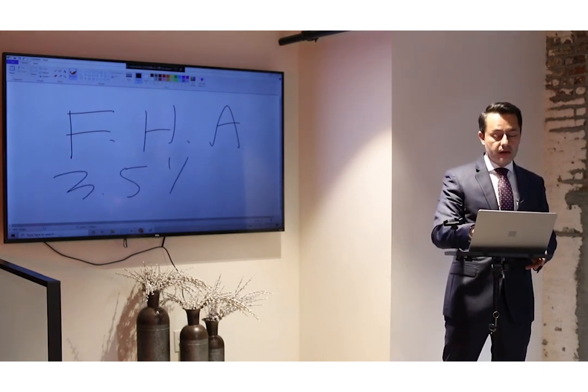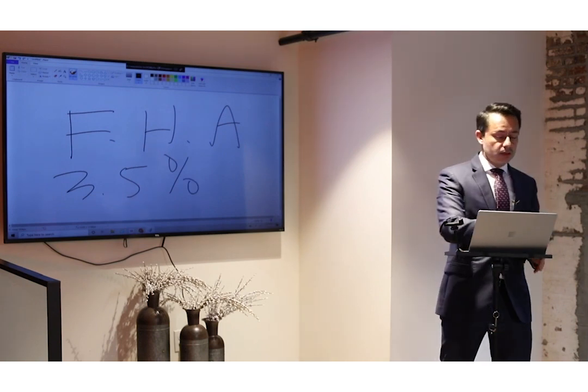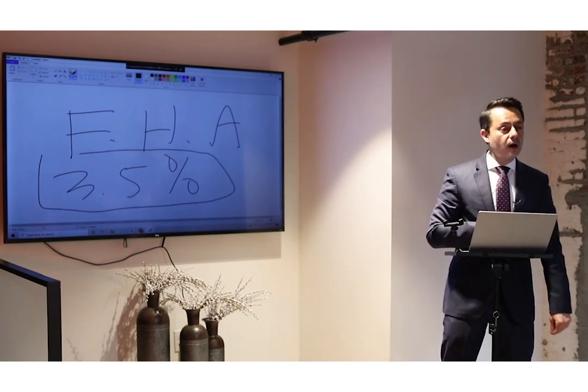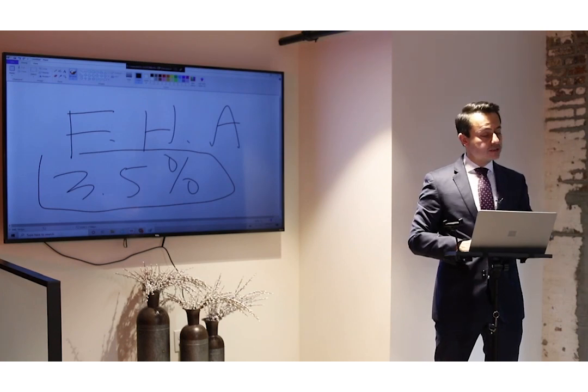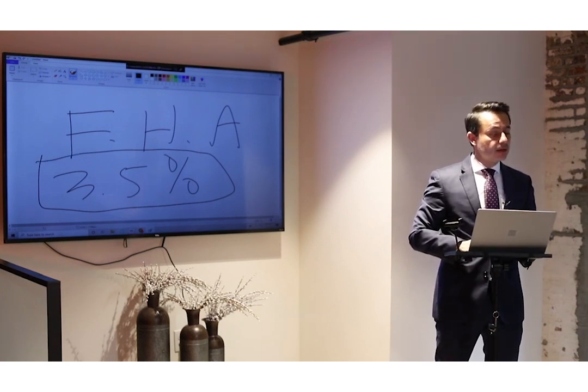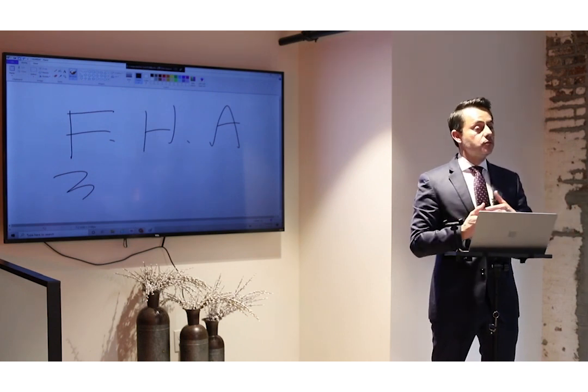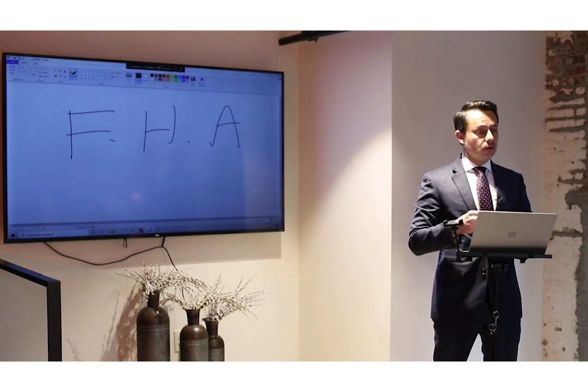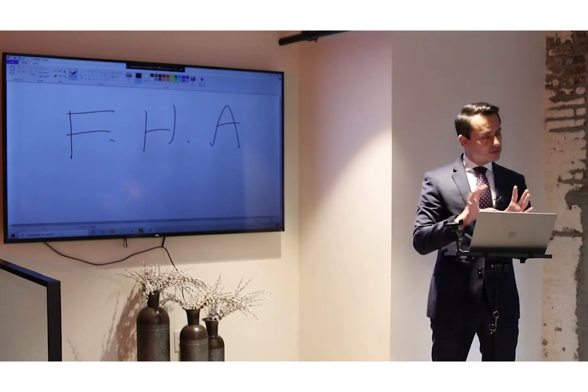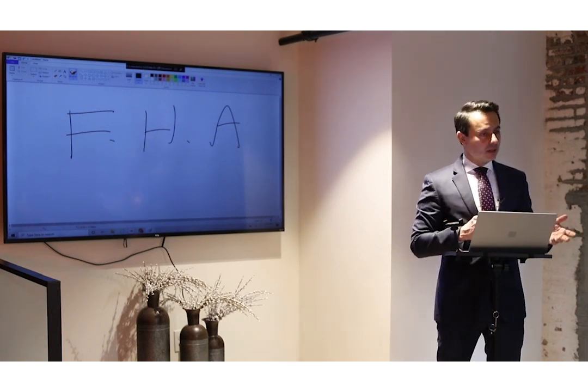So every buyer needs to put at least 3.5% out of their own pocket. There is only one exception. Sometimes when you get grants, the money from the grants is considered money from their own funds. So that could be part of the 3.5%. There is a lot of stuff that you don't need to know. That's why you have a lender.